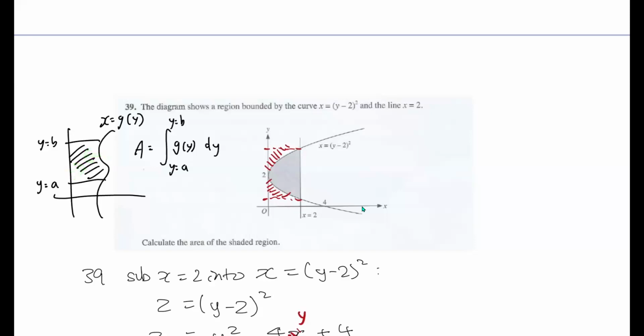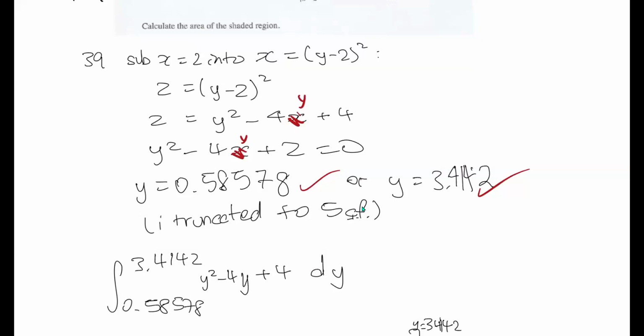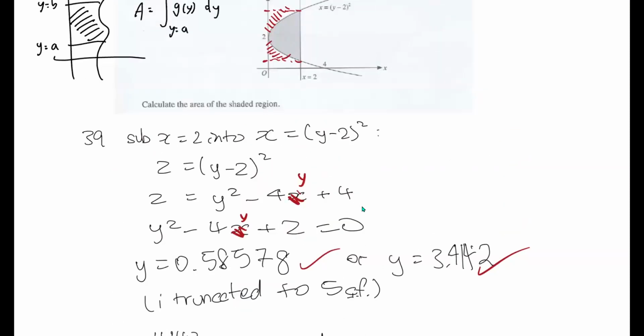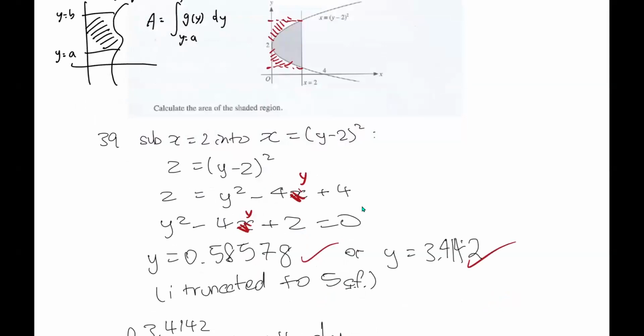So here, you will actually end up finding the area of these two red regions when you integrate from 0.58 to 3.414, if I'm not mistaken. This lower value is y equals 0.58578. The upper value is y equals to 3.4142.